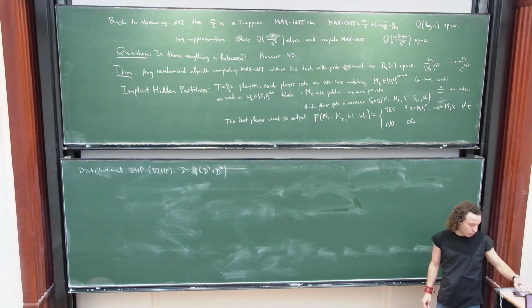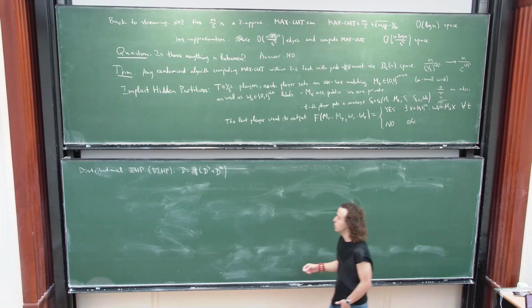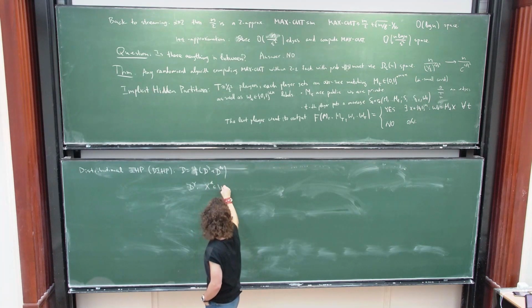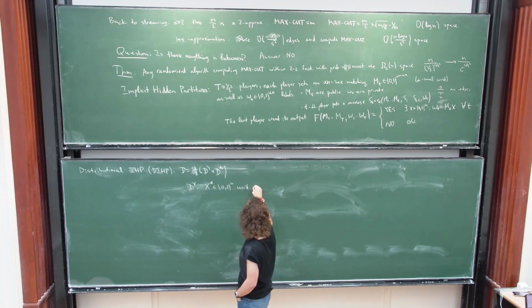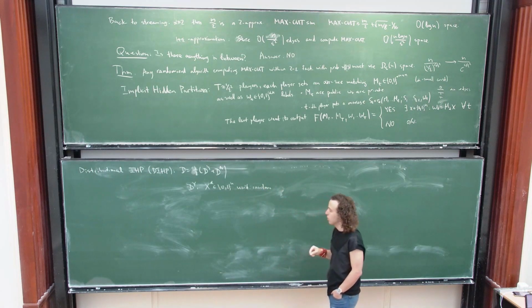You first sample the bipartition of vertices, x star in 0, 1 to the n, uniformly random.